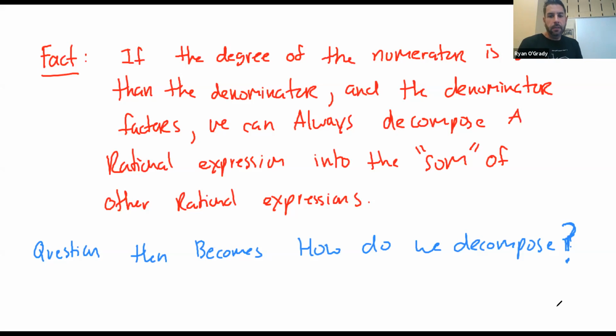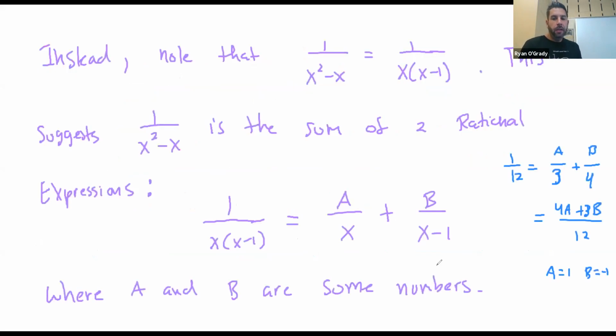If I go back to this creature right here, it might not take much work for you to think about what you should choose A and B to be. For example, if I choose A to be -1 and B +1, it'll work. You could verify that for yourself.